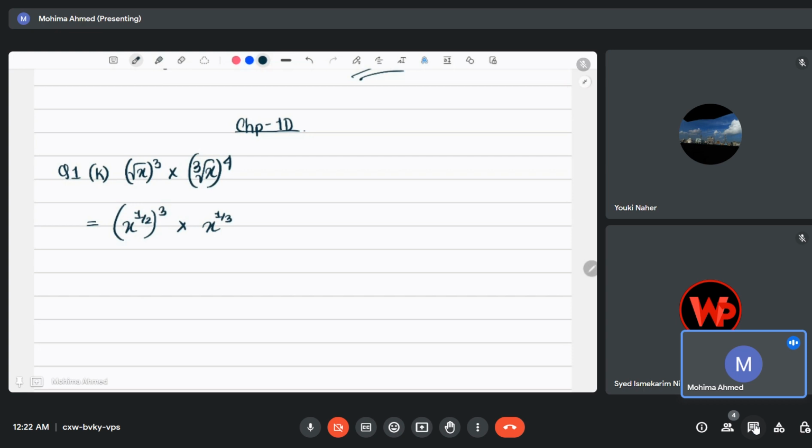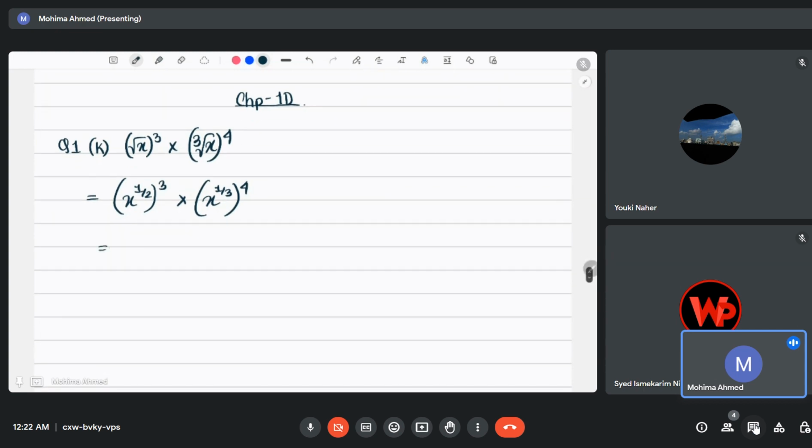It was a cube root of x, so the power is 1 by 3, and it further has a power of 4. Whenever there's a power on top of a power, the powers get multiplied with each other. So now you have x power 3 by 2 multiplied with x power 3 by 4.